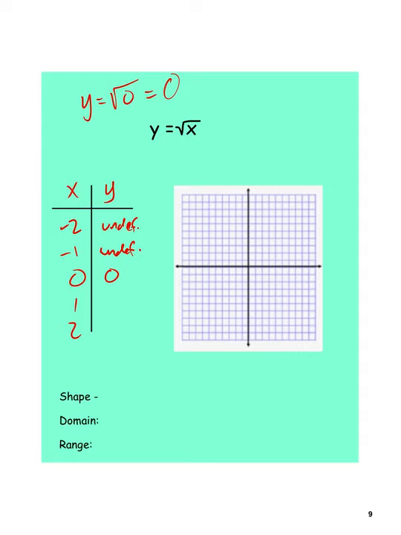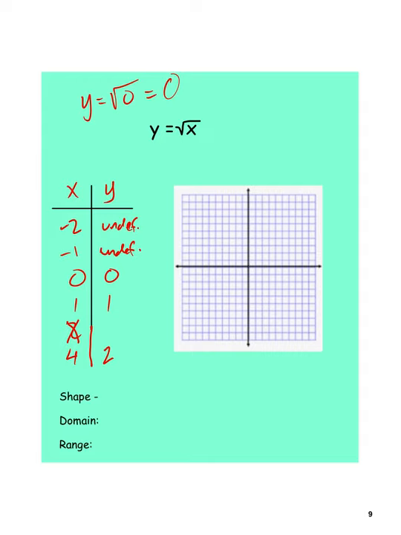Because if you put anything into your calculator with a negative value under a radical or in a square root, you're going to return that error undefined. Square root of 1 is 1. Square root of 2 is something undefined, so I'm actually going to make this a little easier for us and change that to a 4, because we know the square root of 4 is 2. So that will make it a little easier for our graphing purposes.